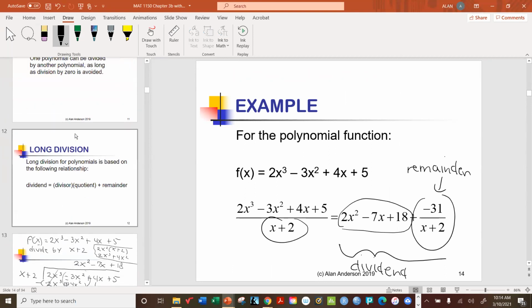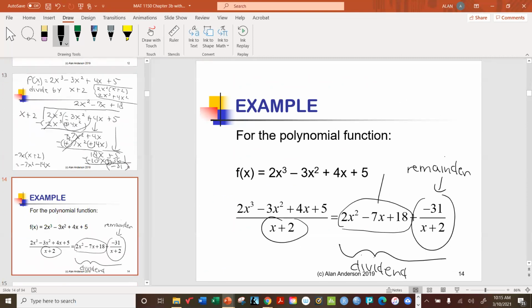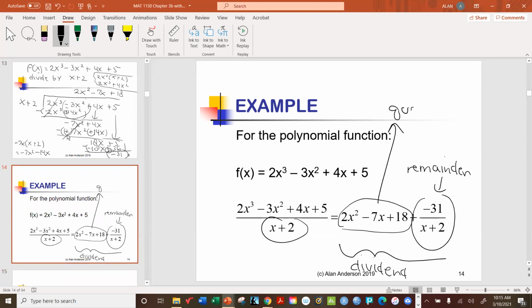And that's equal to the divisor times the quotient. This is actually the quotient. And this is the divisor. So if I multiply the right-hand side here by x plus 2, I'll just end up with the original function.